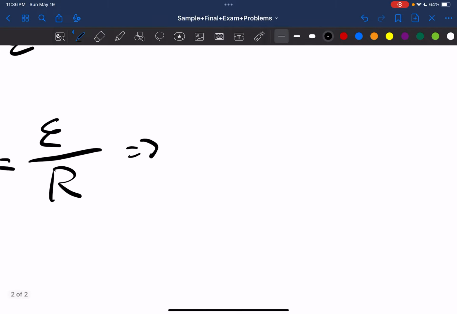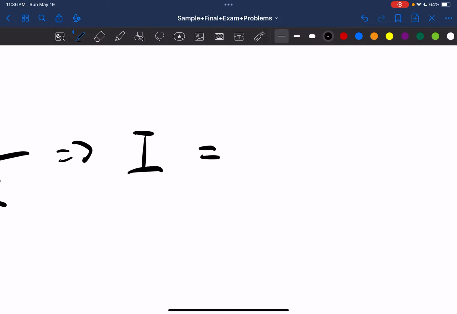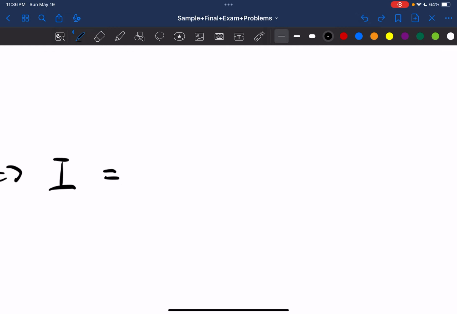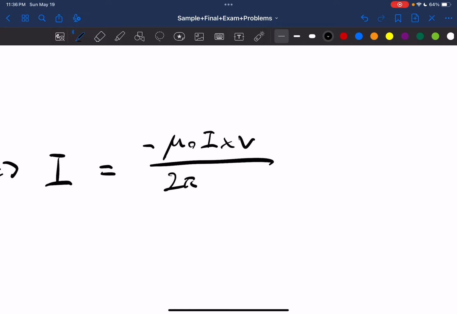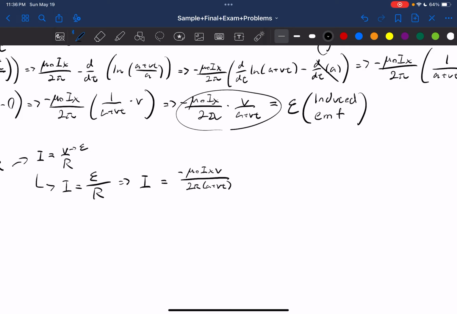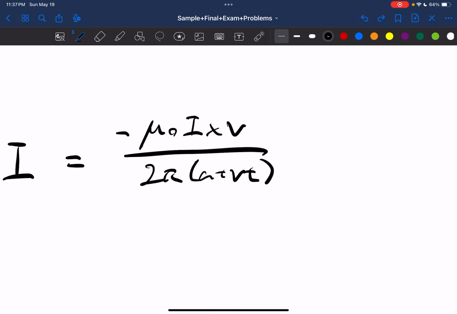So all we need to do is simply plug in, because I equals this guy right here, and that's going to be negative mu naught Ix v over 2 pi (a plus vt). For those following, I just multiplied these two together into one fraction.